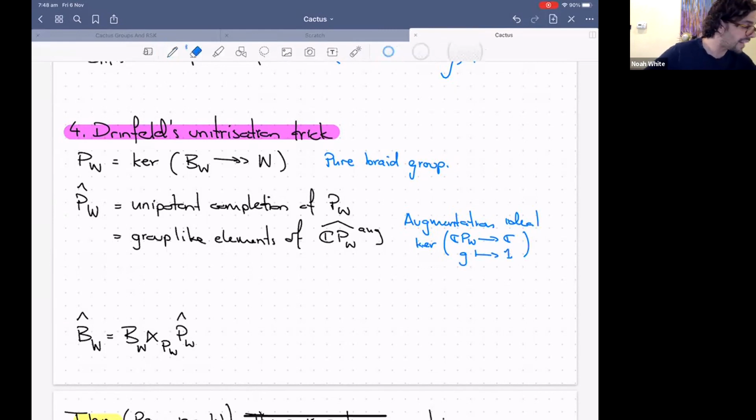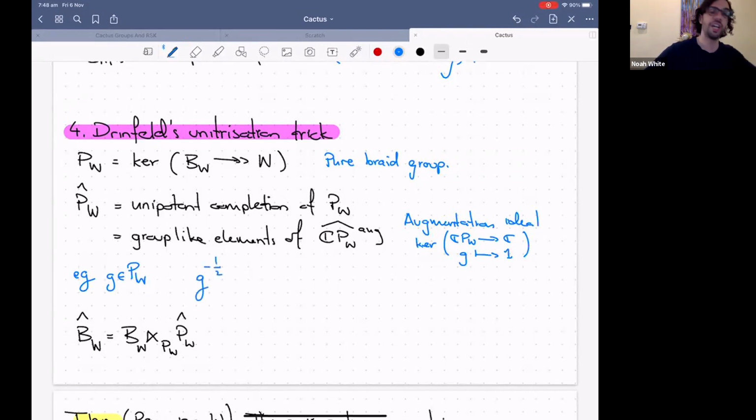So what do elements in here look like? This is the important point, not so much exactly what this is. If you take an element g of the pure Braid group, what do elements of this unipotent completion look like? Well, you're allowed to take power series as long as the successive terms are within the powers of the augmentation ideal. That's what it means to take the completion. For example, you can take something like g to the power of -1/2.